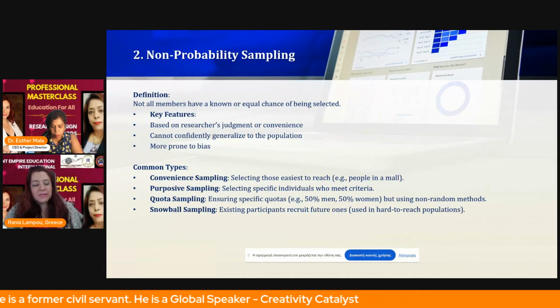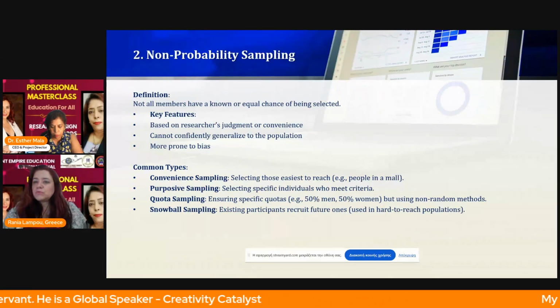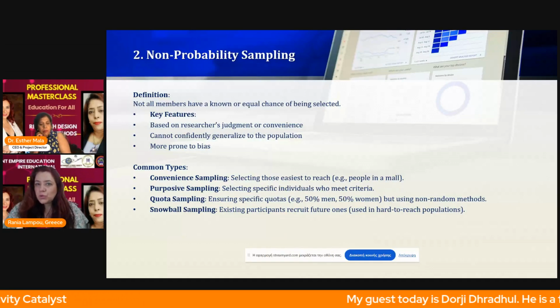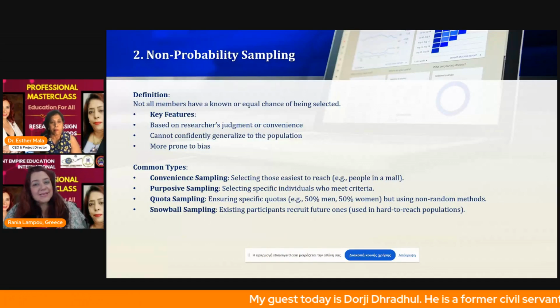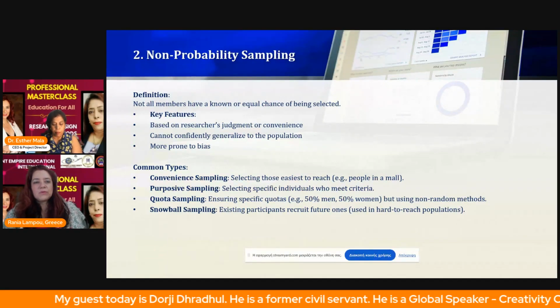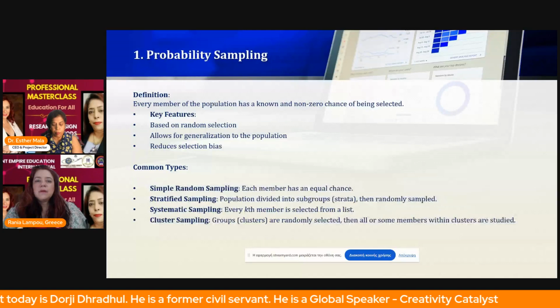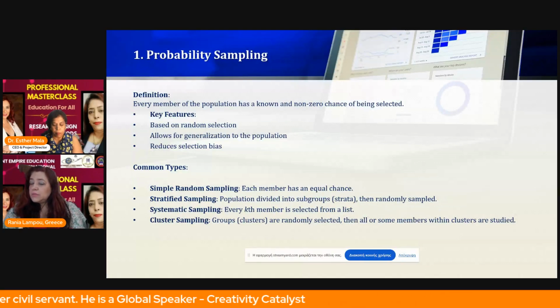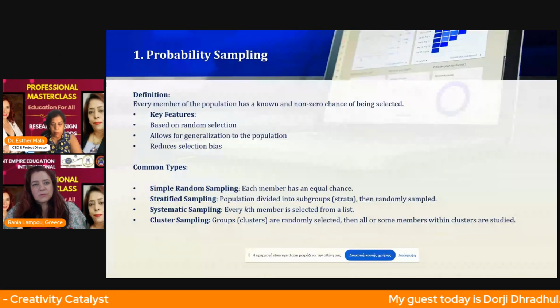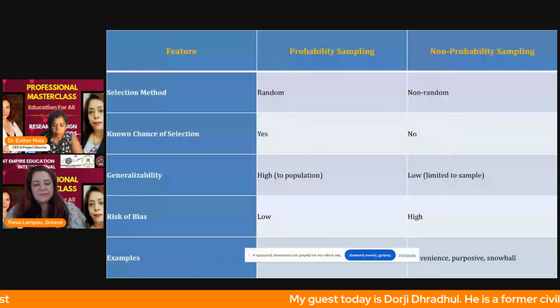So here we can give an example. When we want to survey people who walk past a coffee shop because they are easily accessible, this is what we call non-probability sampling. On the other hand, an example for probability sampling is when we want to select 100 students at random from a university's complete student registry. So we have seen the differences.